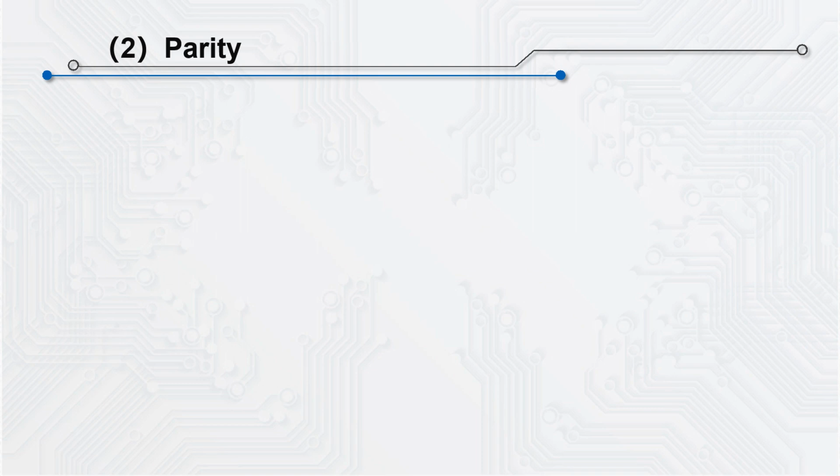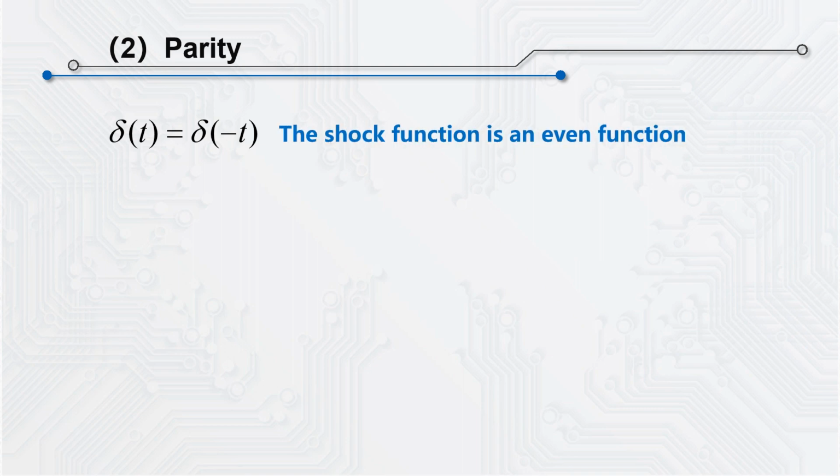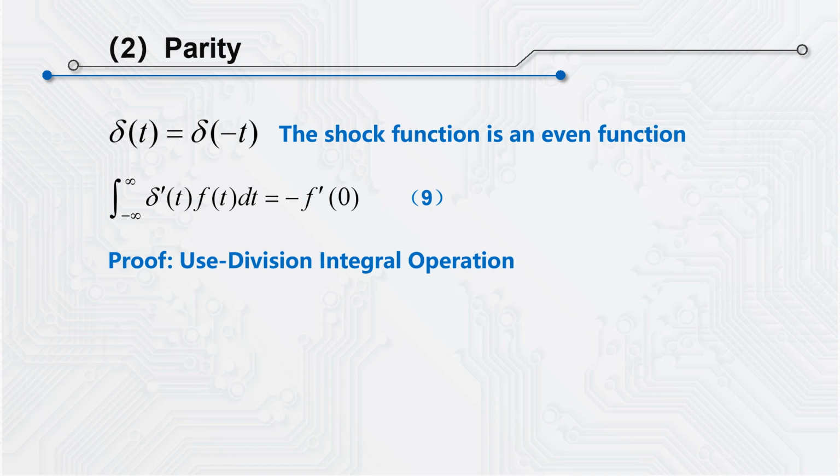Next, let's move on to parity. According to the definition, delta t is equal to delta minus t, so the impulse function is an even function. When integrating the product of delta prime t and ft, the result is formula 9.